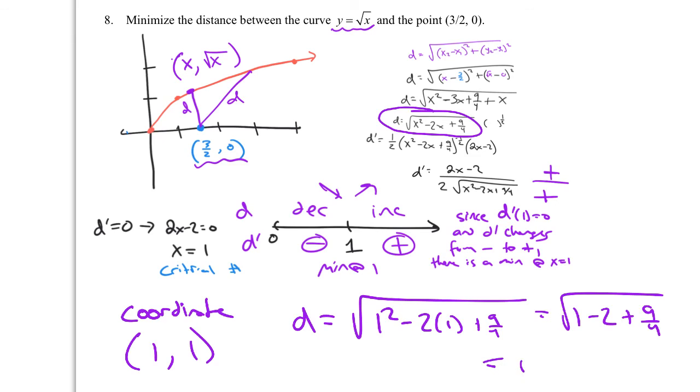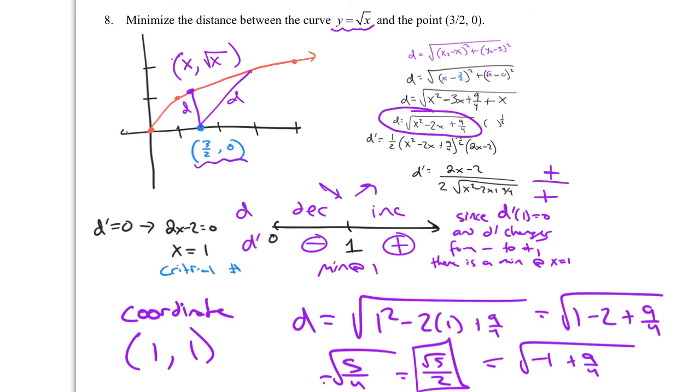That'd be negative 1 plus 9 fourths. So negative 4 fourths plus 9 fourths would equal 5 fourths. Equals square root of 5 over 4, which is root 5 over 2. And so that would be your minimum distance, root 5 over 2.